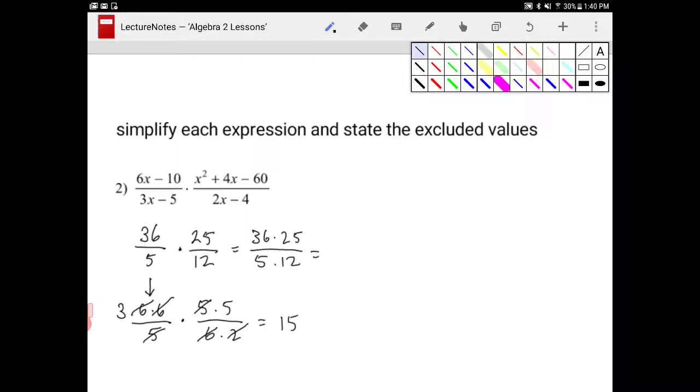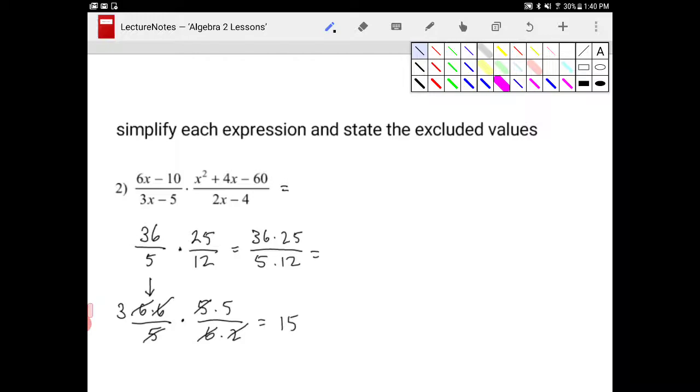Now let's make that connection with this example. This is an algebraic expression, and it's no different from the example I just went through. I have 6x minus 10 over 3x minus 5. Are there any common factors you can see? Perhaps we can factor the first fraction.